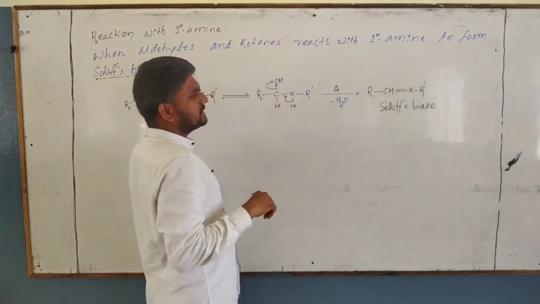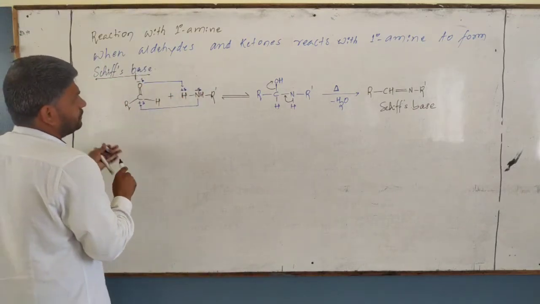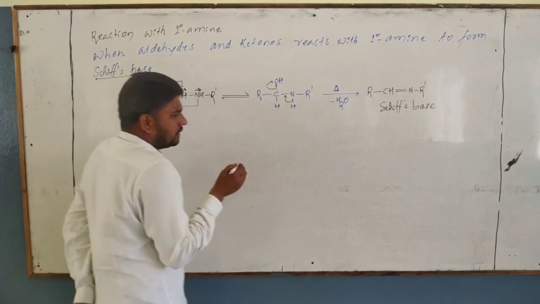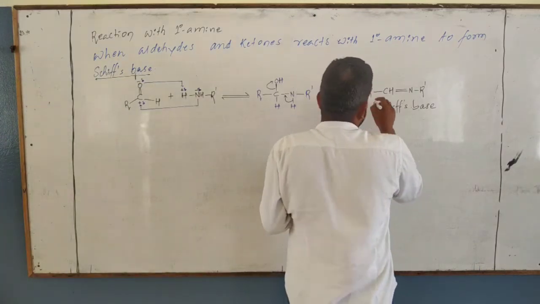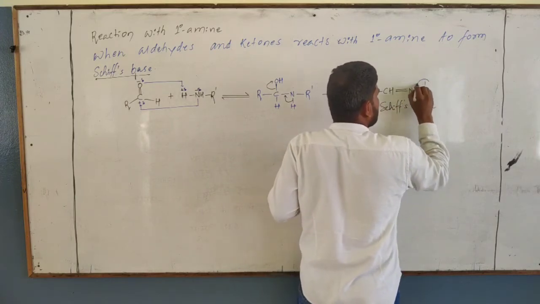What is this? Schiff's base. Over here, on the nitrogen there is an alkyl group.